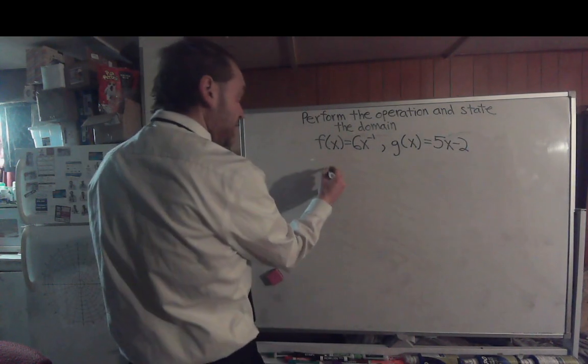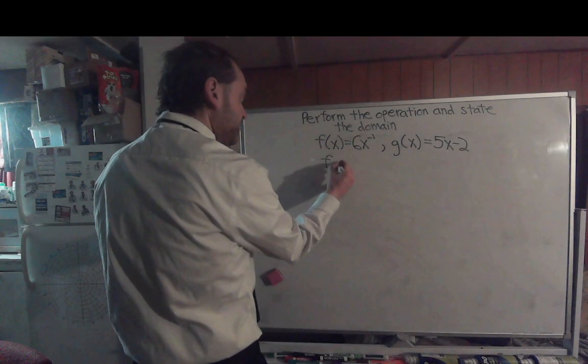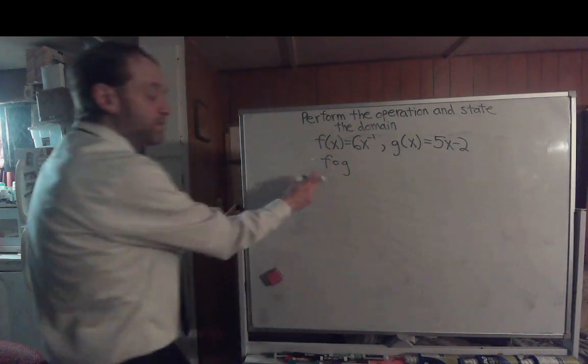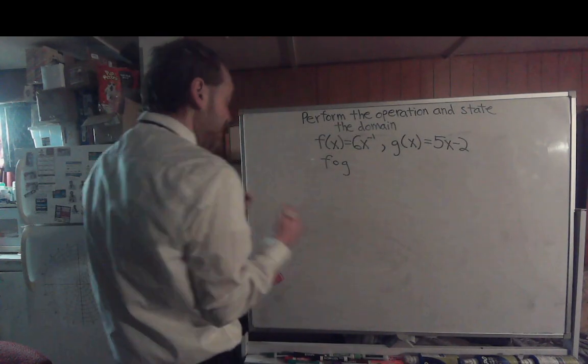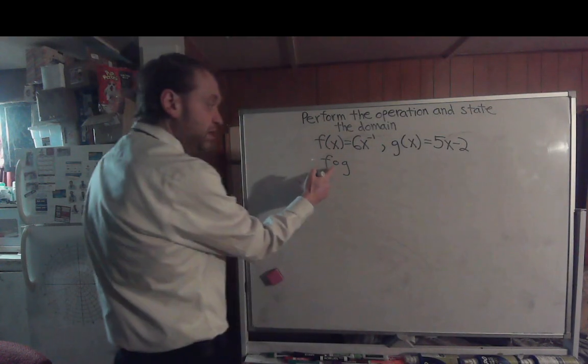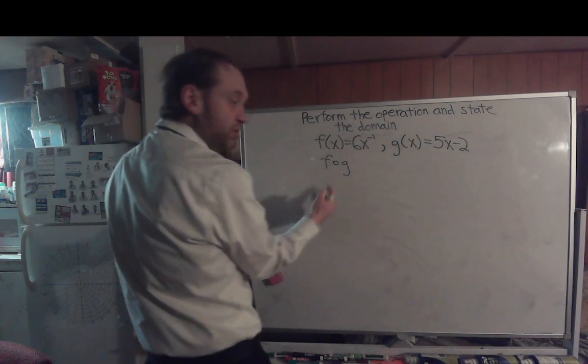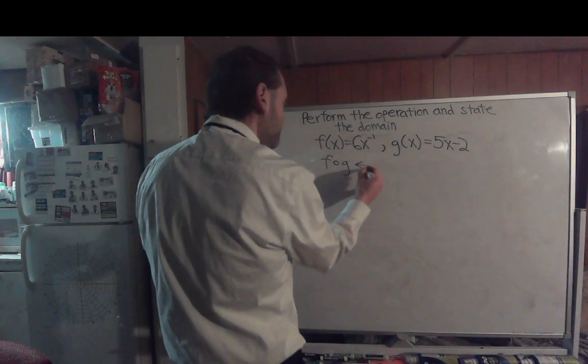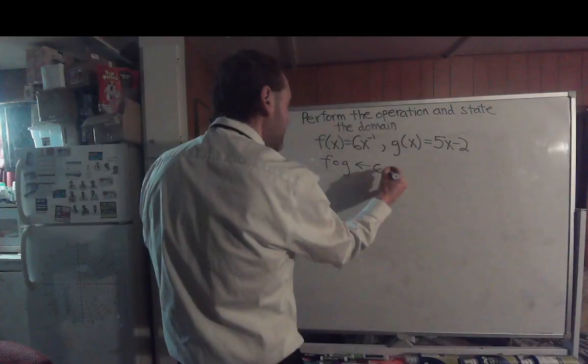They want us to find, here's how it's written, f of g. Well, what the heck is that? If it looks like f, with an open circle in the middle, between the functions, that's called a composition.